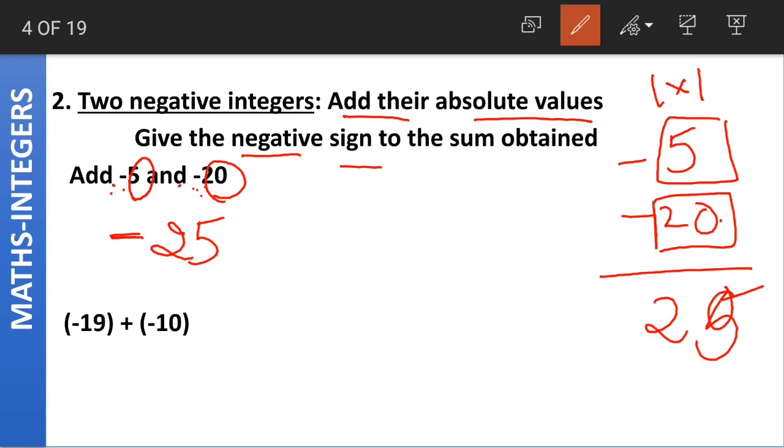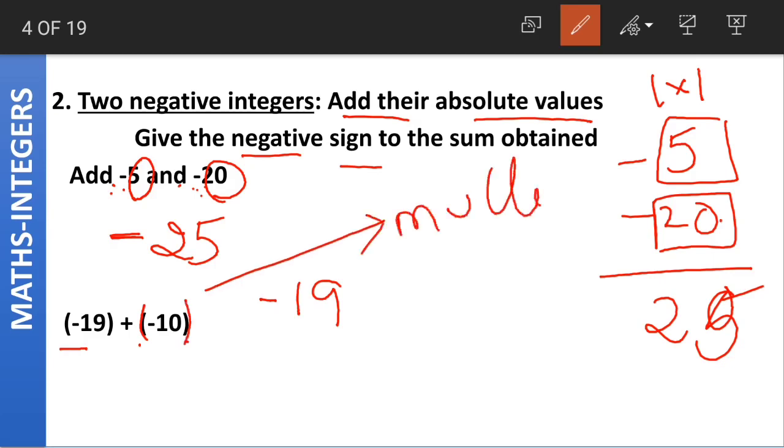Again, coming to the next example, minus 19 plus of minus 10. Now first one is minus 19. Now as I said, these brackets represent multiplication. We have to multiply the signs first.